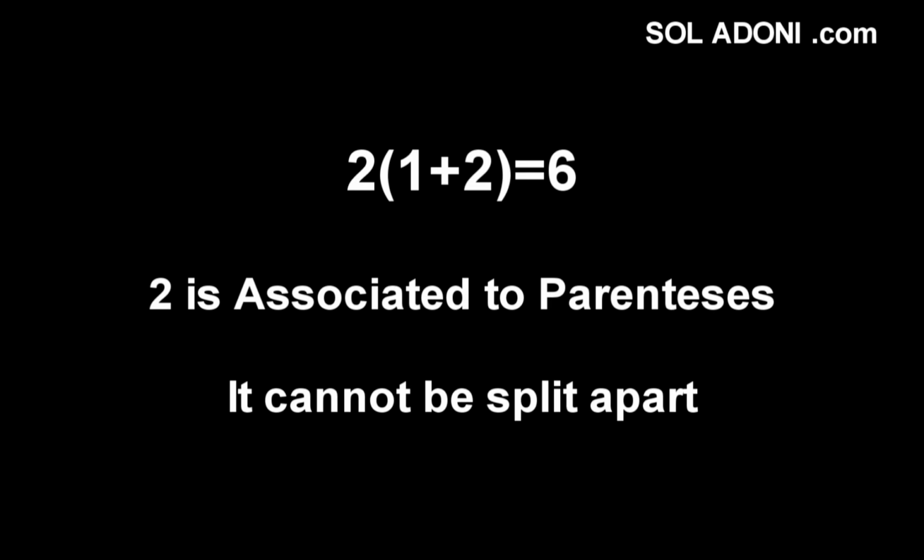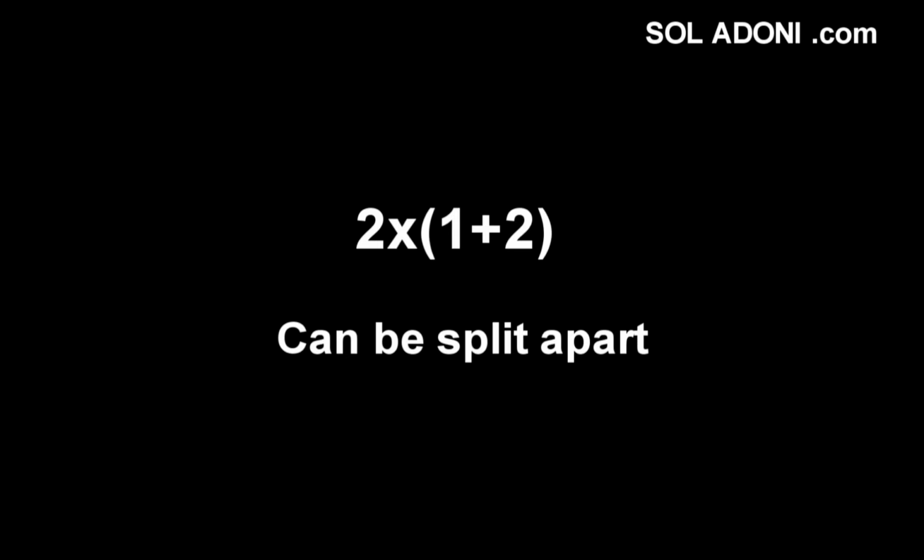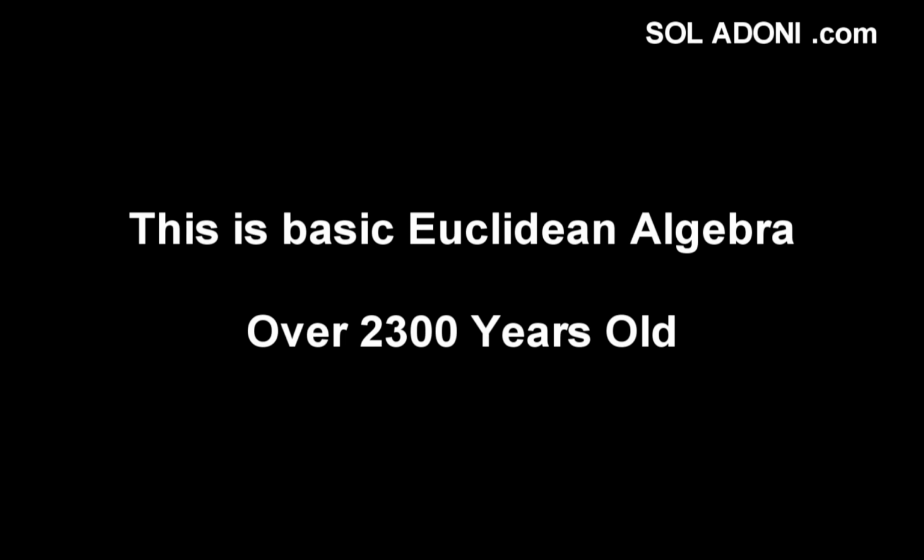Depending on your level of mathematical understanding, you don't see a times sign here, so it can't be split apart unless we have an operator in between that expression. So when we have the number 2 with the multiplication operator times the sum of 1 plus 2, now we can split it apart. But that mathematical operator for multiplication does not appear in it. Now, this concept is basic Euclidean algebra. It's over 2,300 years old.